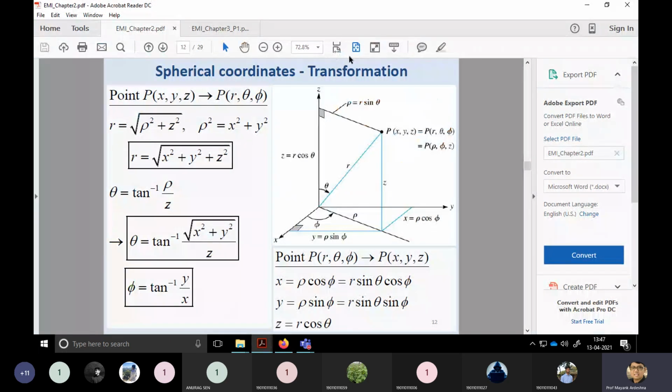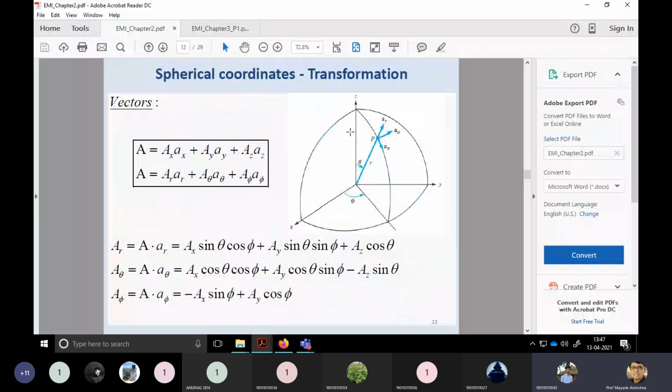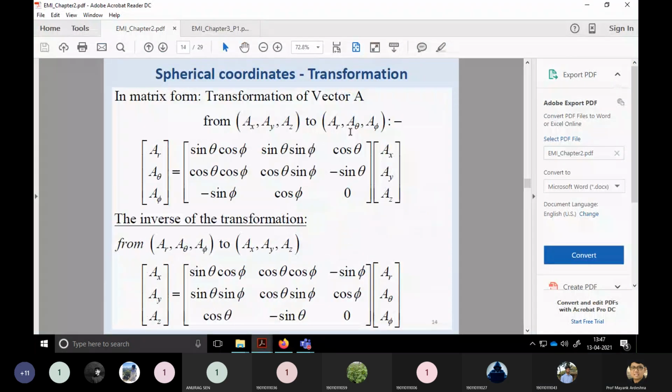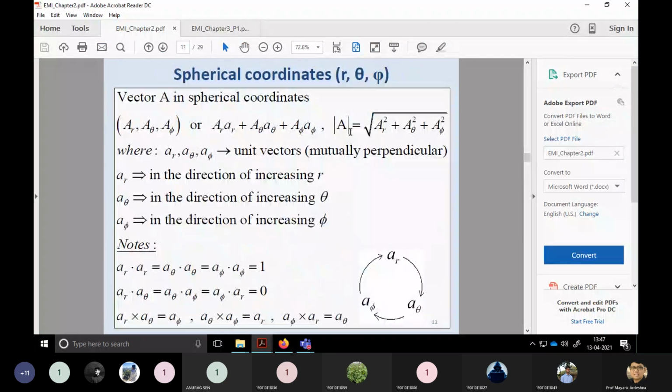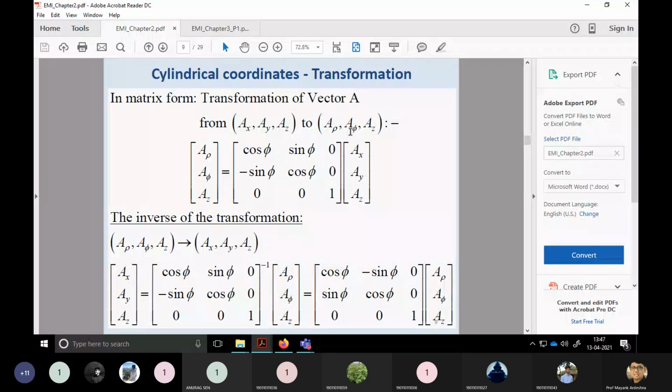Getting the screen? Yes, sir. Okay, this one. You are putting the values of ax, ay, and az. By default, ax is 0, ay is x plus z, and az is also 0, because the components in the x and z directions are 0.